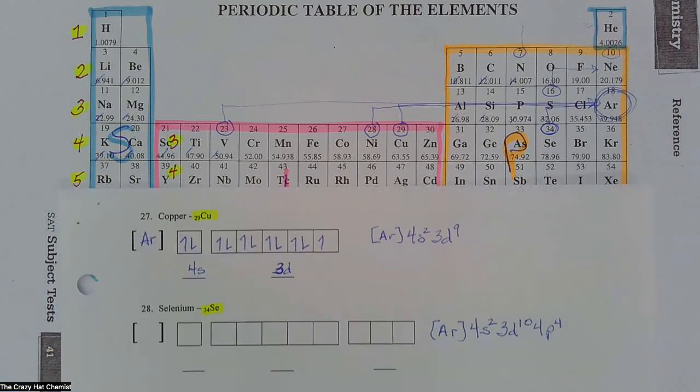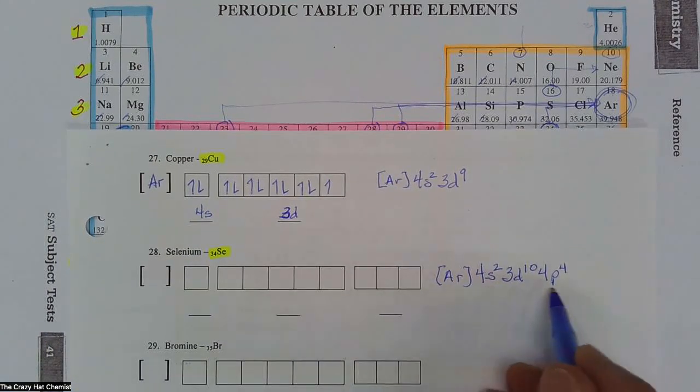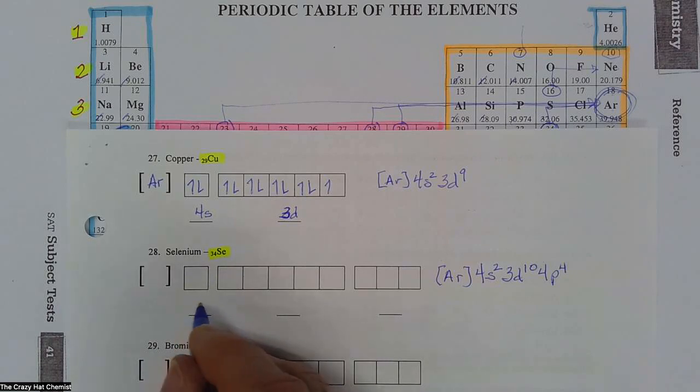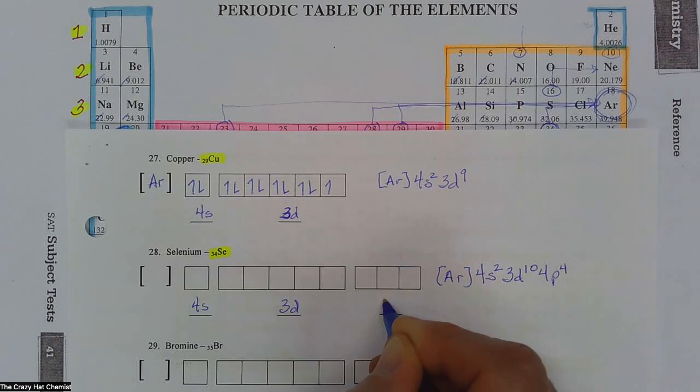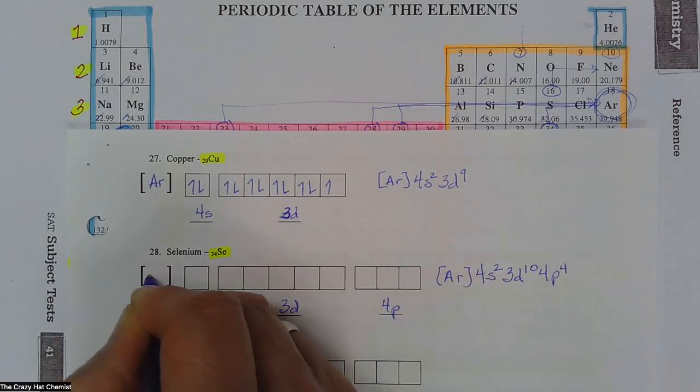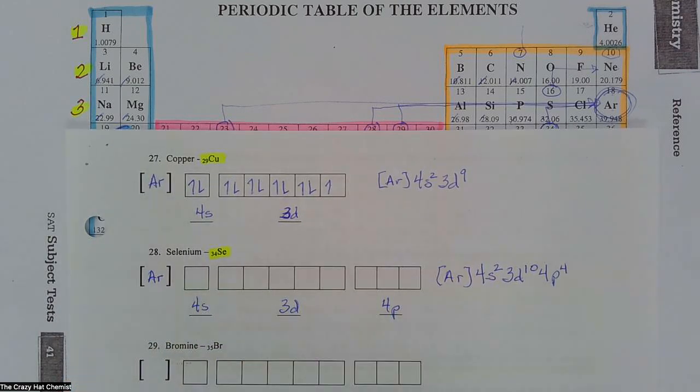All right, fantastic. So let's do the orbital box diagram now that we have this electron configuration nailed down very nicely. Okay, so we're going to first label these boxes. That's 4s, that is 3d, and this is 4p. This is Ar. Now, one other thing that I'm going to mention right now is that the number of boxes is critical.